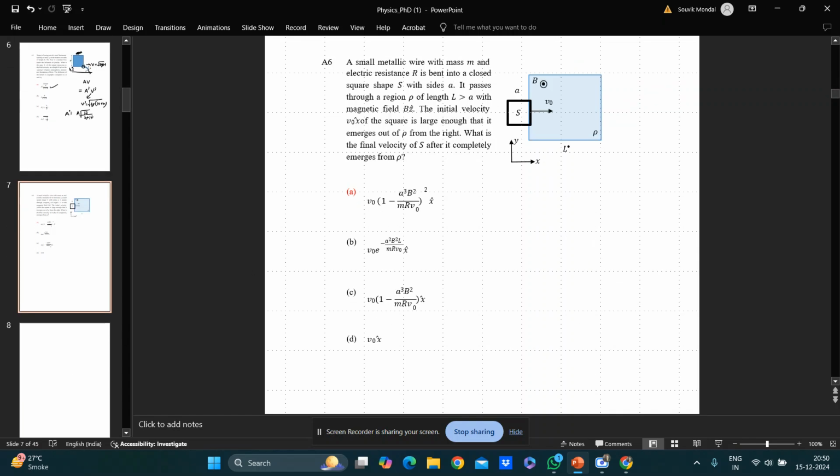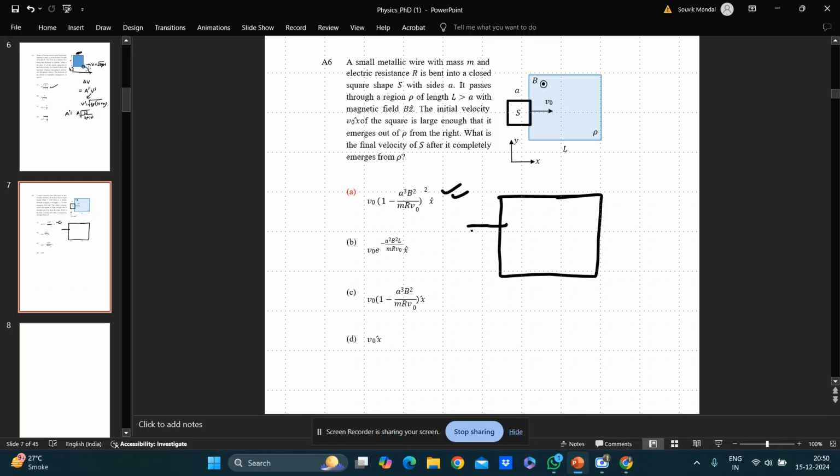Now for this problem I have a bit of confusion because I didn't solve it exactly. I can't match the exact answer, but I can tell you the approach. First read the question, pause the video and read the question.